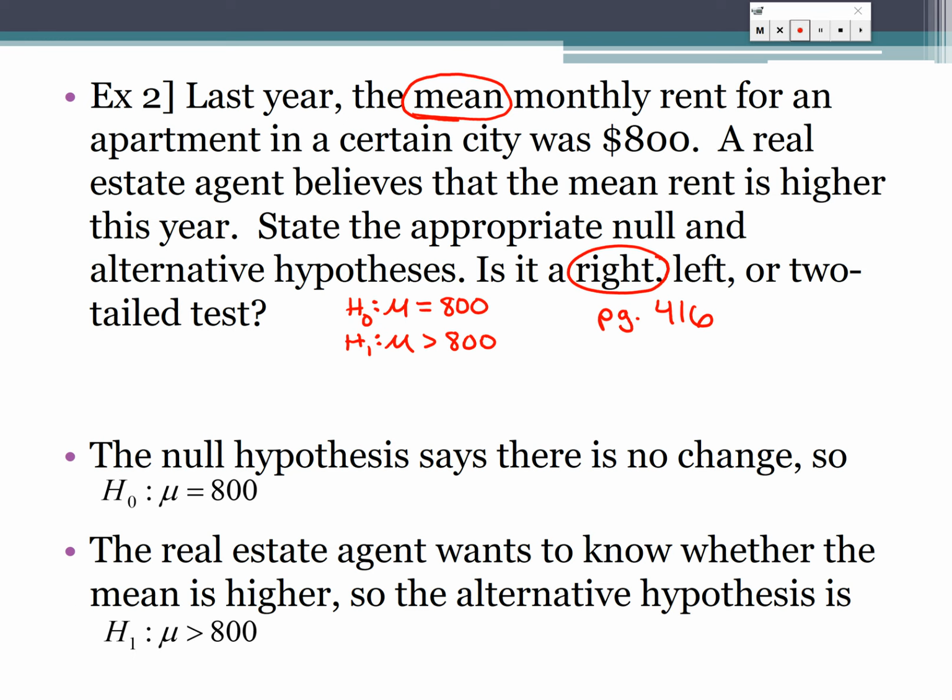For example, the upper left part has the greater than symbol, and then it gives phrases like is greater than, is above, is higher than, is longer than, is bigger than, is increased. So it gives you a bunch of different phrases that you would in turn put a greater than in your alternative hypothesis. If you're kind of shaky on what phrases might give you each of those inequality symbols, page 416 might be something you'd check out. You don't have to do that right now, but I'm just saying as you start trying more of these on your own.